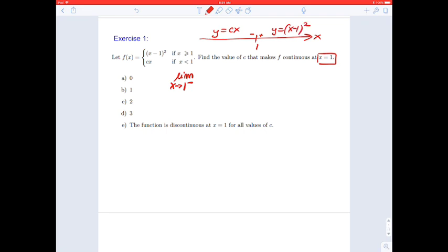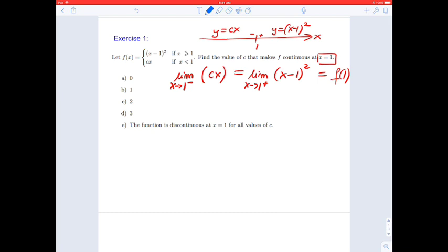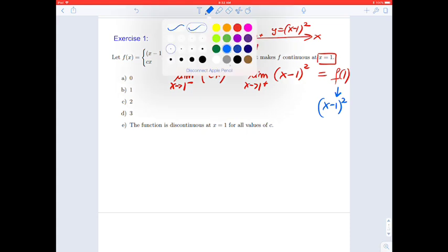That means the limit on the left hand side, cx, must be exactly the same as the limit on the right hand side. Also, the value of the function must be the same. For the value, I will use this formula, (x minus 1) squared, because we do have an equal sign at this point.